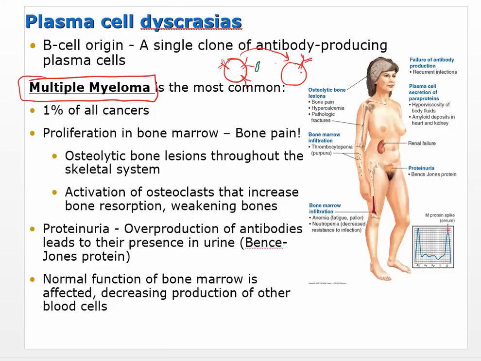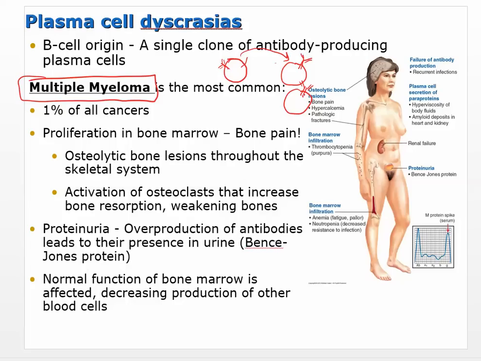Now, what happens with multiple myeloma or these dyscrasias is that this will start to divide out of control. It just doesn't know when to quit. And so it will keep dividing and proliferating. It involves that single clone, though. So that's what this means.